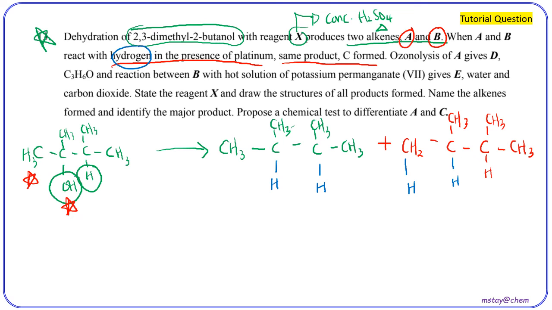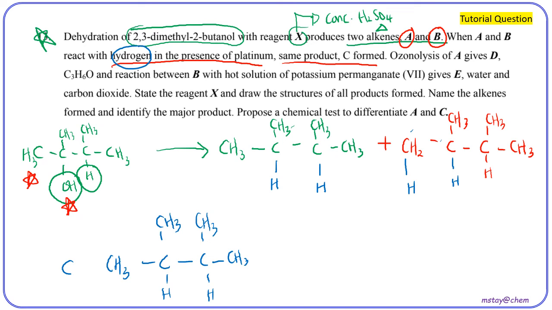When we look at the structure now, CH3, CH3, CH, so CH3, C, CH3, H, both of these are the same. So here we know the structure of C will look like this: CH3, C, CH3, H, hydrogen, CH3 and CH3.